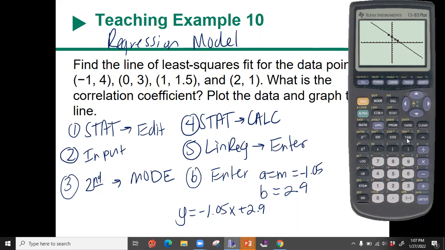That's what the correlation coefficient is saying: how close it is to making a perfect line, with all the points lining up. And that's our regression model. That's the last piece of 2.1, being able to create a regression model. Hopefully you wrote down the steps that are up here. If not, you'll need to go back and write them down. I strongly encourage that. Those are the 6 steps to get your regression model.